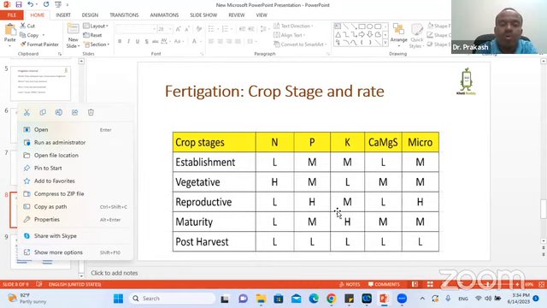So we should give a proper fertigation schedule as per this requirement behavior and requirement physiology of the crop. So we can divide our nutrient cycle and nutrient ratio as per the crop stages during the crop growth.